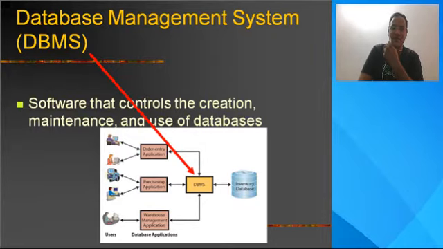So it acts as an intermediary, just like in a CRM, customer relationship management system, the salesperson acts as a mediator between the storage and the customers. So the DBMS acts as a salesperson.